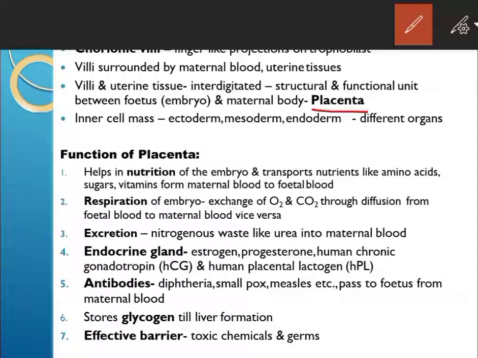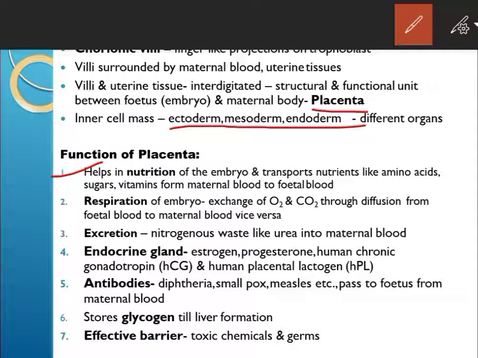The inner cell mass then gets differentiated into three layers, that is ectoderm, mesoderm and endoderm, which in turn forms the different organs. Now the placenta has different functions. The first function is it helps in nutrition of the embryo and transports nutrients like amino acids, sugars, vitamins from maternal blood to the fetal blood.